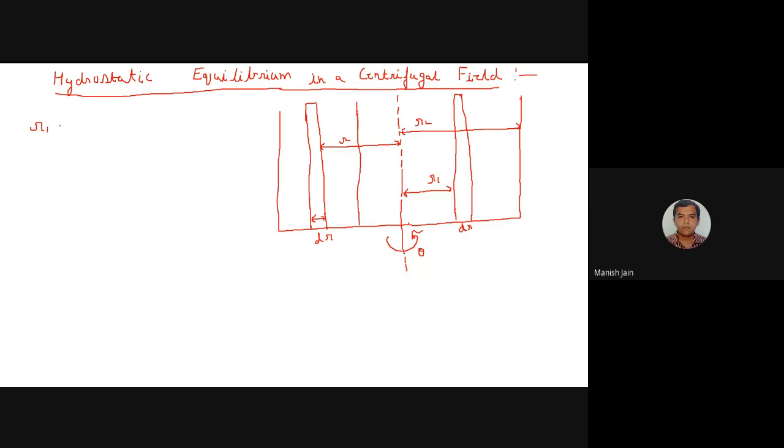R1 is the radial distance of the free liquid surface from the central axis.